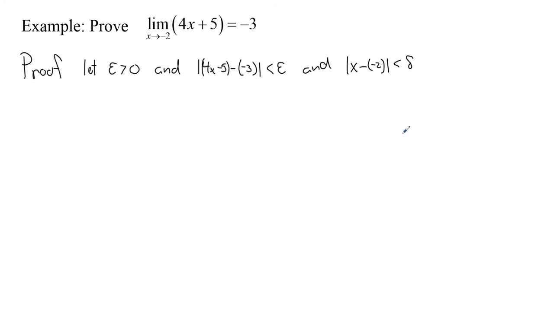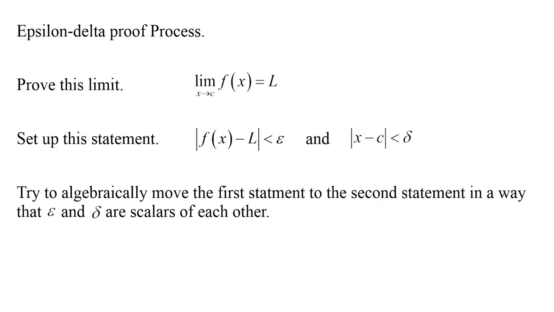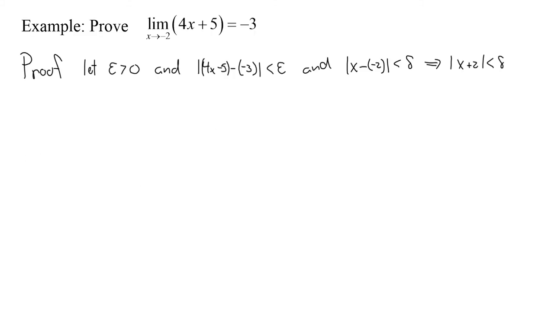Okay, so just real quick, let's simplify this particular side and say that that's the absolute value of x plus 2 less than delta. No, I think we'll just stay with that. That looks pretty good for right now.